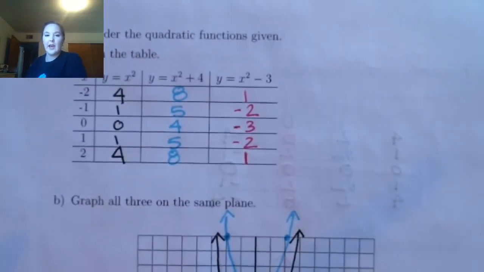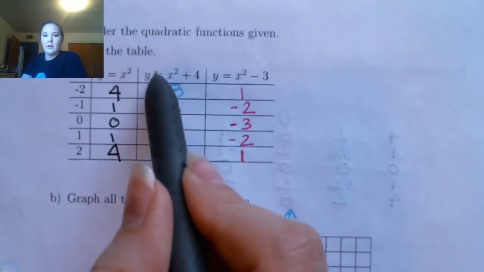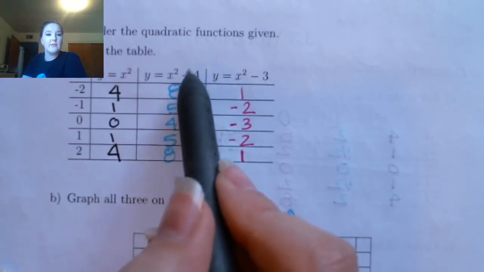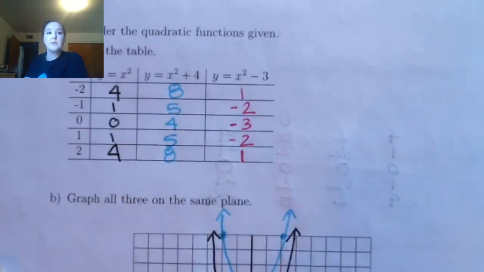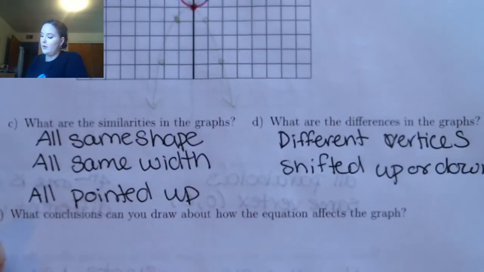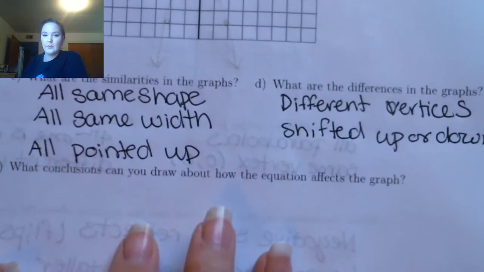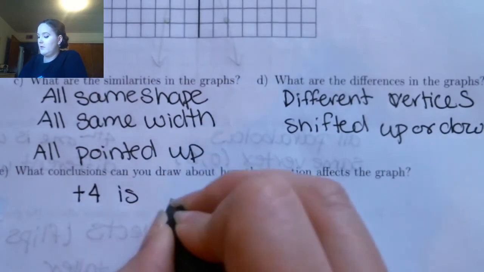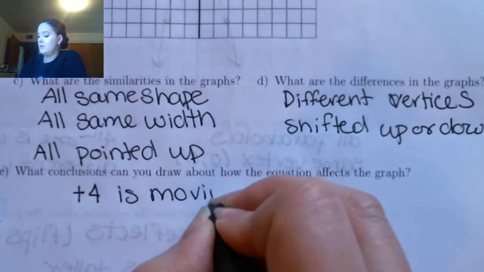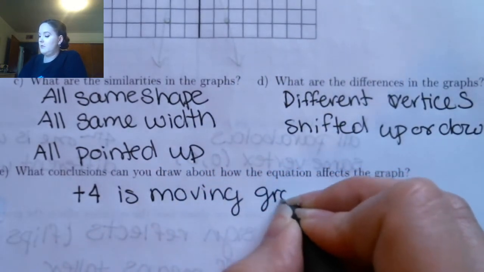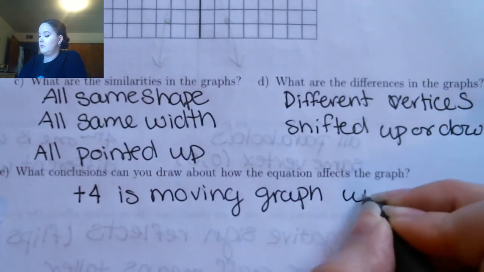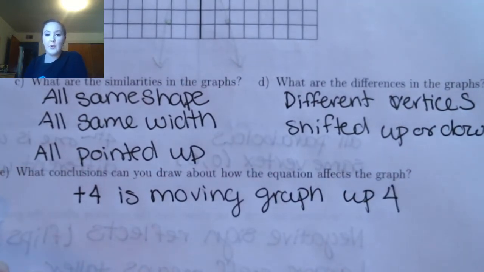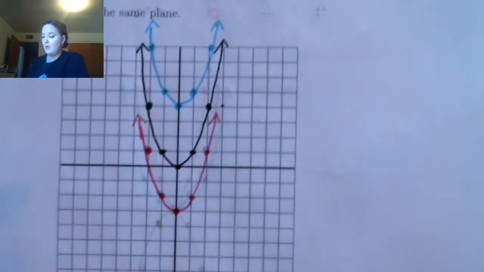So when we look at the equation, we can see that this plus 4 is probably what's moving the graph up 4. So we can say that the plus 4 is probably moving my graph up.